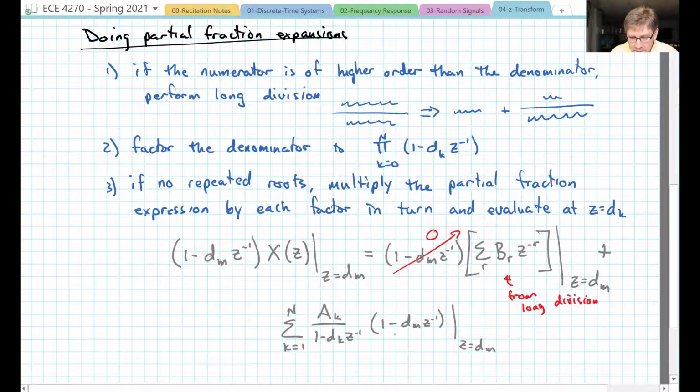So this is going to go to 0 except when m is equal to k, or k is equal to m. And the result will equal A_m.